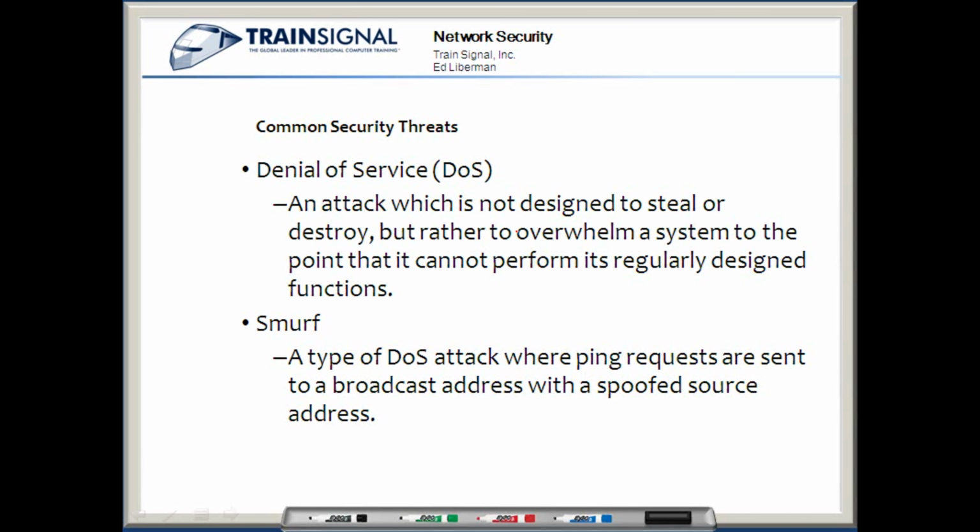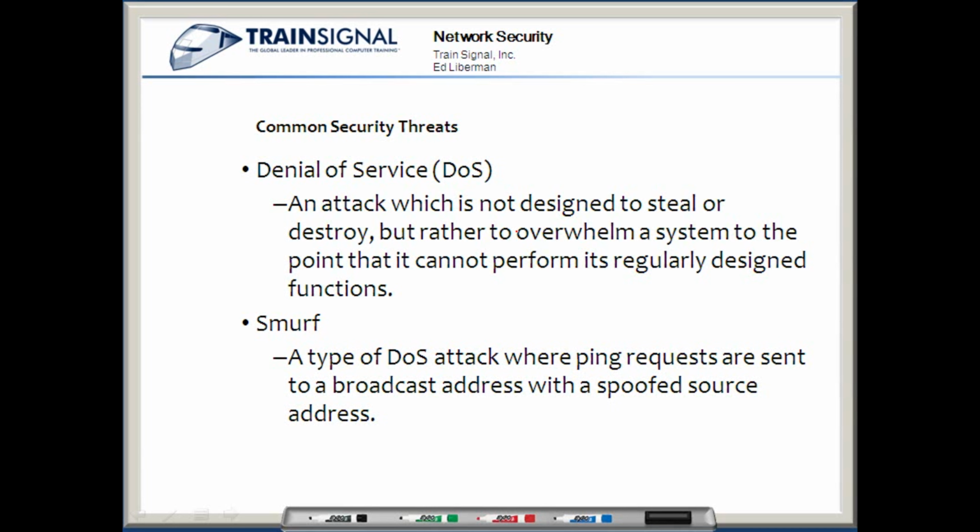Because if we go back to remembering what ping does, basically when you send a ping from one system to another, you're sending an echo request saying, please reply to me if you're getting this. And you can even modify those ping requests to make them larger. And you can also modify them to make it so that there are multiple and sometimes even continuous replies.